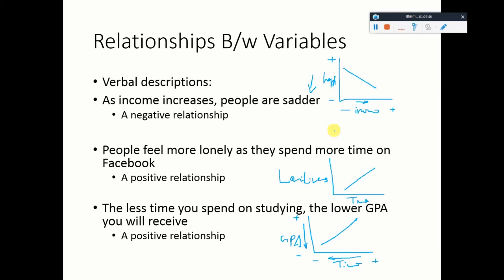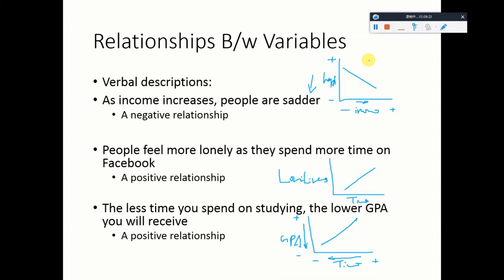Okay? So we'll stop here today and make sure you understand what we're talking about here. So in today's lecture, we elaborated on the definition of variables, and said that there are different types of variables. There are categorical variables whose values are discrete, and there are continuous variables whose values form a continuum.